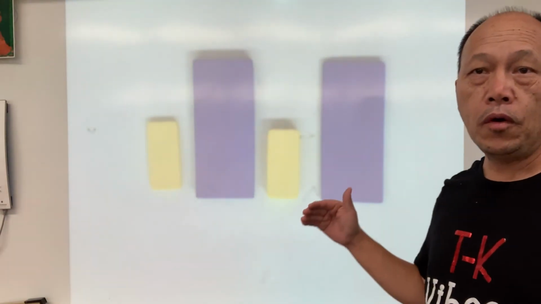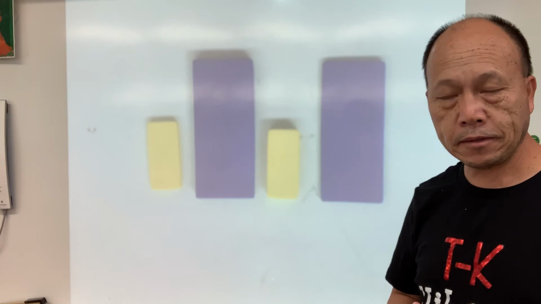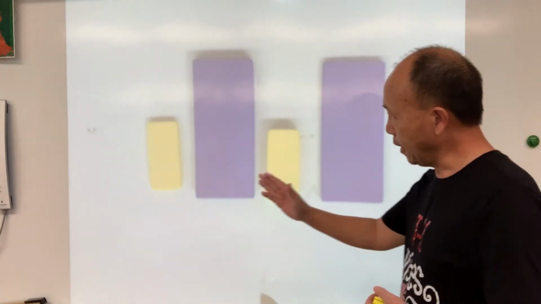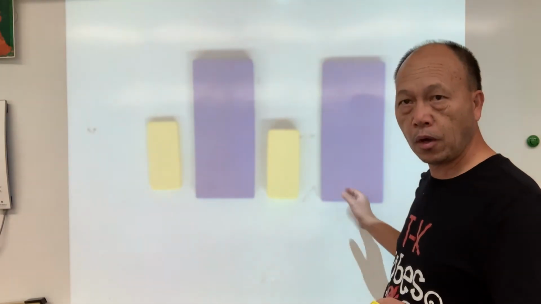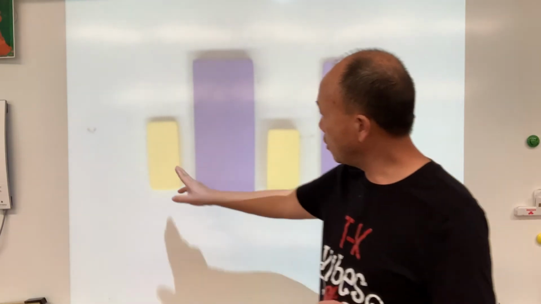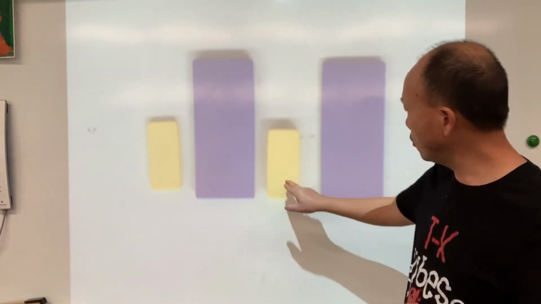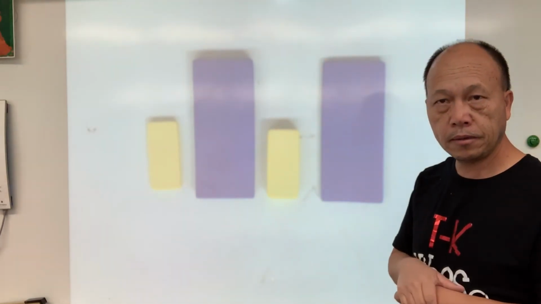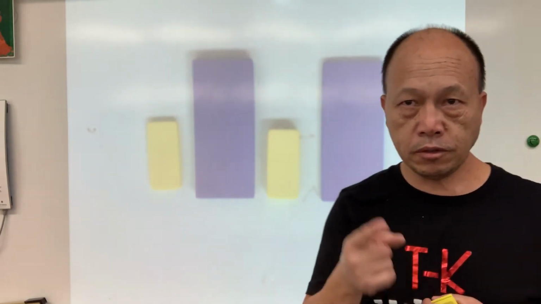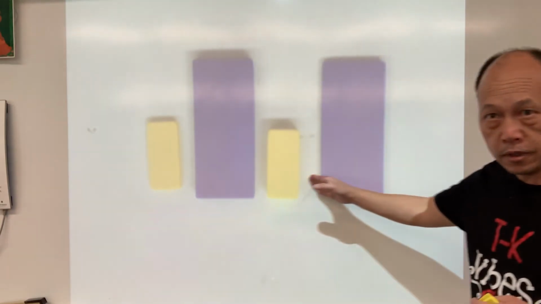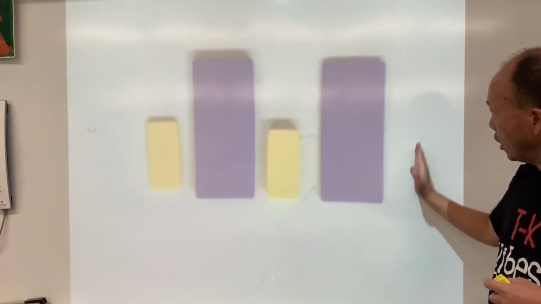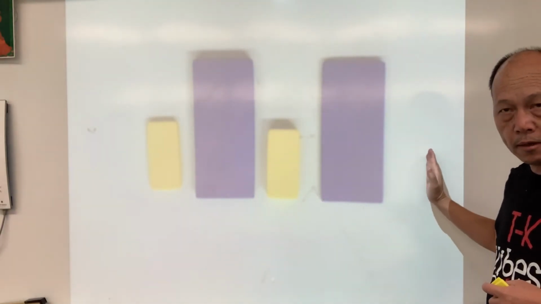Okay, so here is a pattern that I created. Okay? Yellow, blue, yellow, blue. Or you could say small, big, small, big. My question to you is, if we continue this pattern, what shape will go right here?